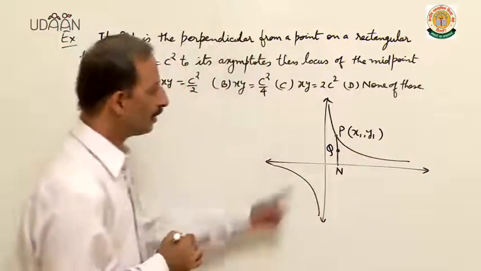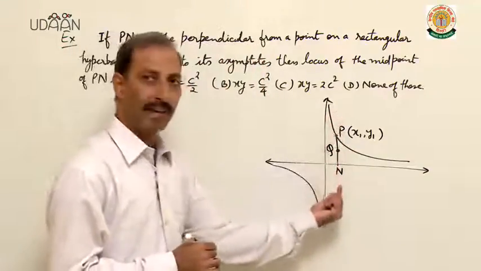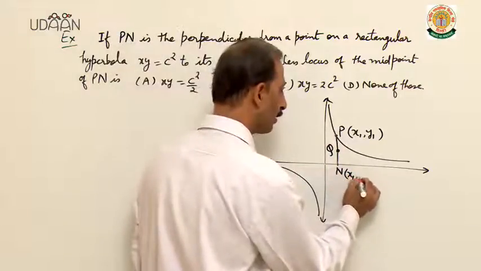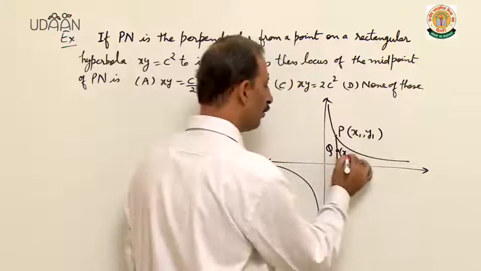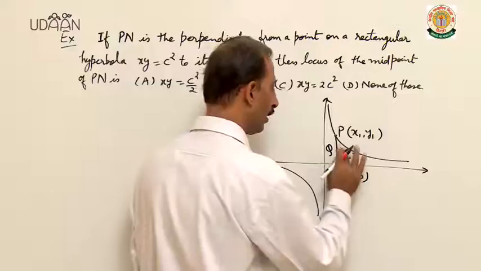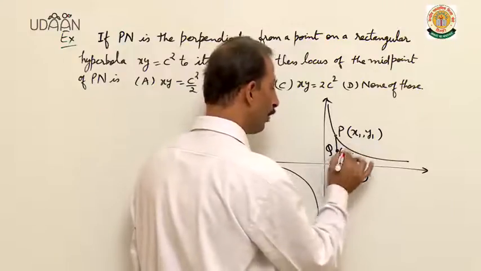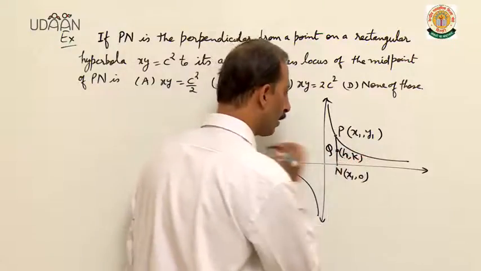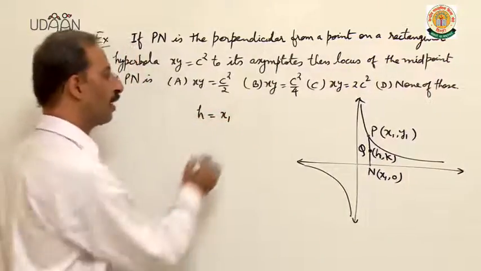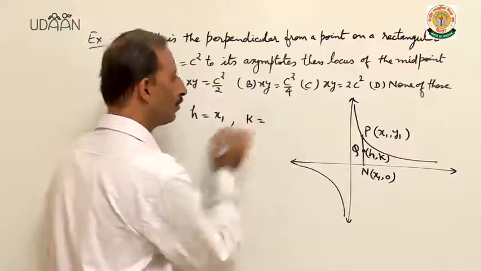So you can see, children, the x coordinate remains the same for all these three. I am taking the coordinates of Q as h comma k. So the h coordinate remains the same, x1. And what is the k coordinate?